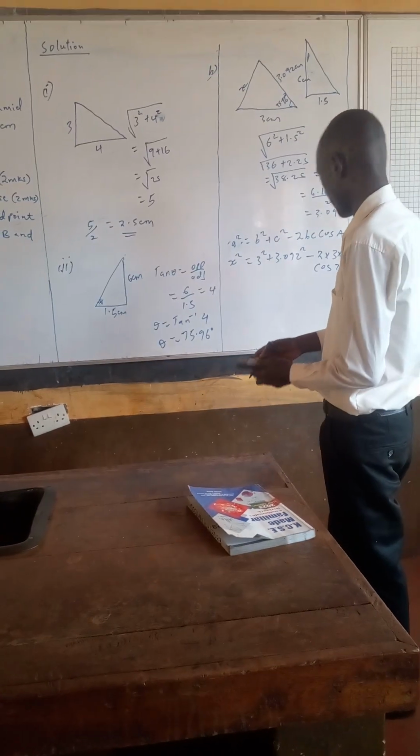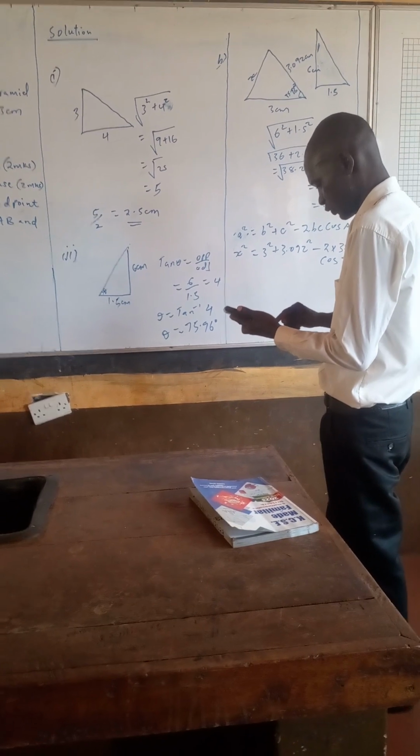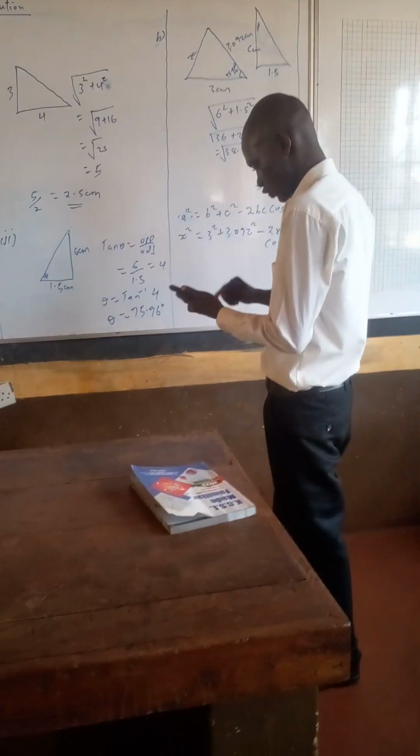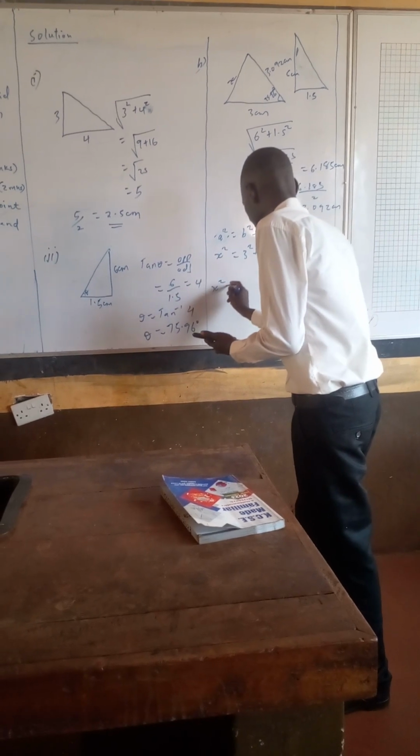So we can go to our calculator and say this one is 3 squared plus 3.092 squared.